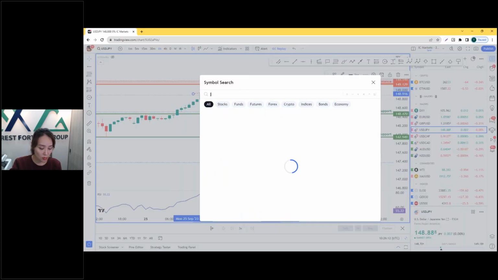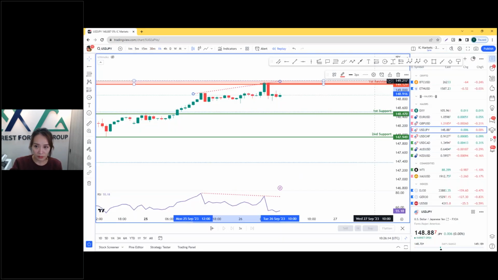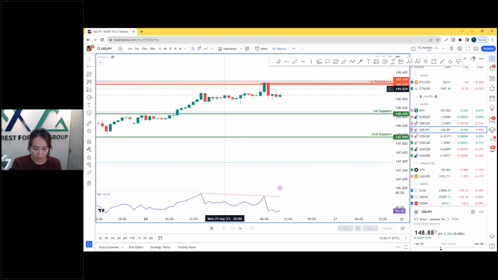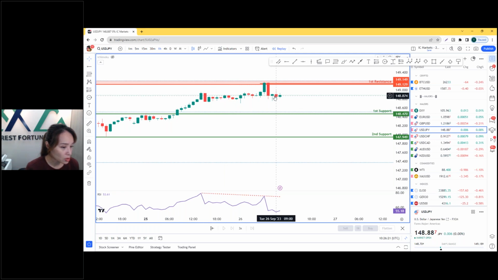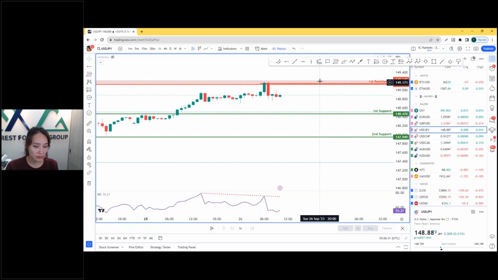So I still hold my sell order. Like I say, if you really know how to draw support and resistance correctly, you can make money from that. But you need to know how to identify support and resistance correctly.